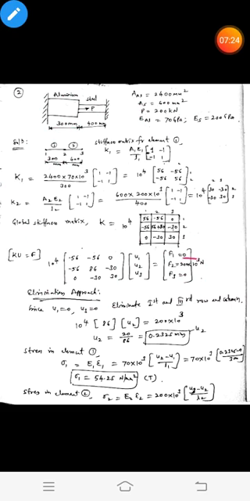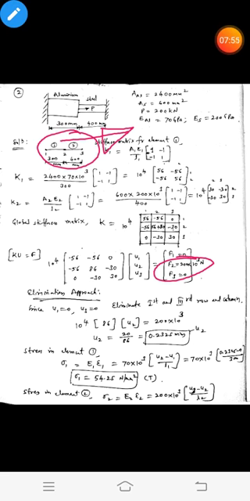It is positive if the direction of load is in the same direction of element numbering. If the direction of load is opposite to the direction of element numbering, then it should be taken as negative.